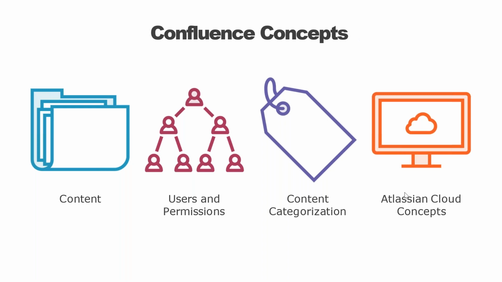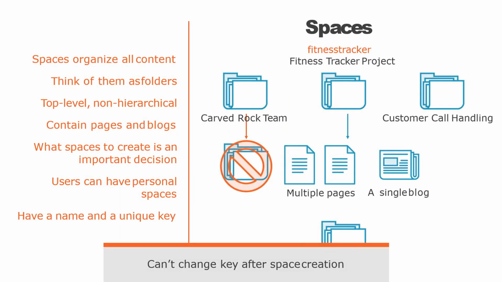Here we have content, and then we have users and their permissions, and then we have content categories, and then some extra additional concepts for the cloud, like a site and all. Okay, so let's get started.